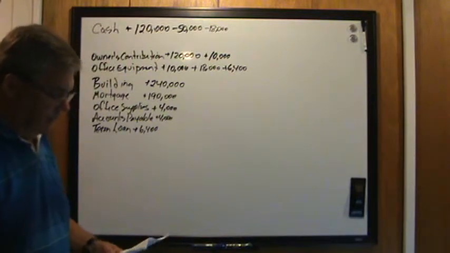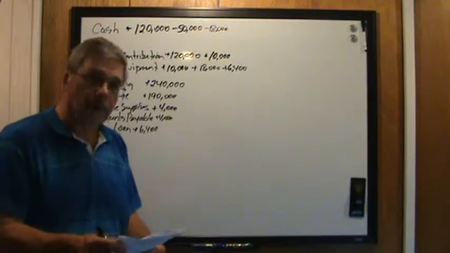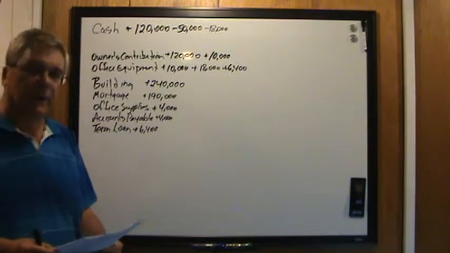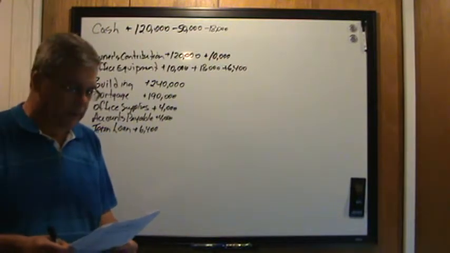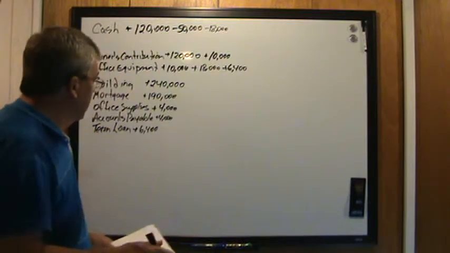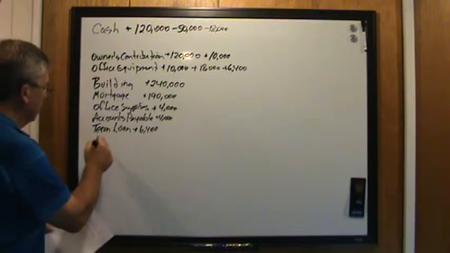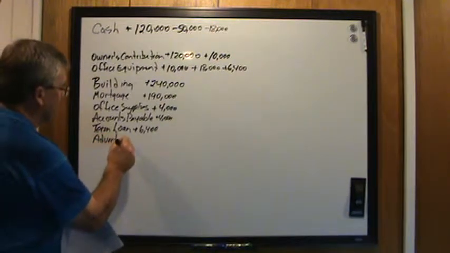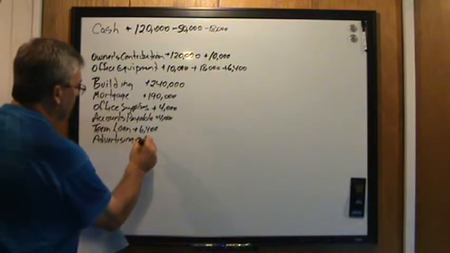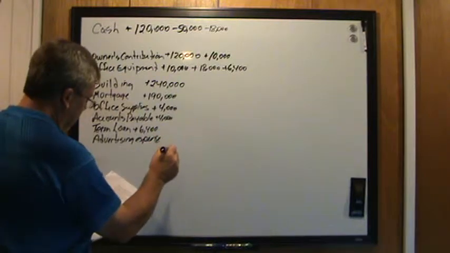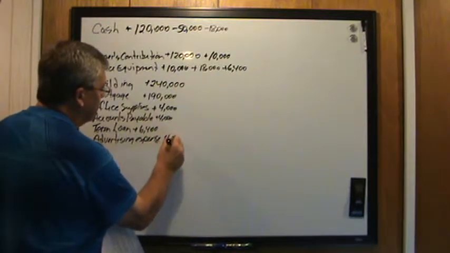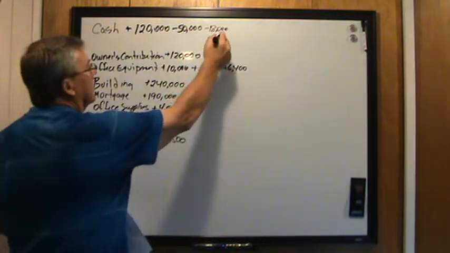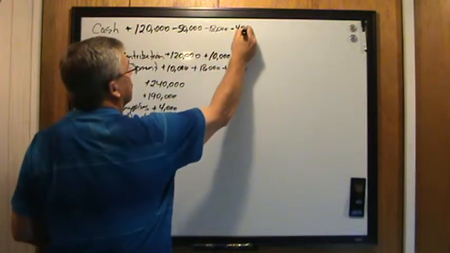Flip the page over here. E: We paid a local newspaper $4,500 in cash for an ad in the newspaper promoting the grand opening of the business. So in this case we have advertising expense of 4,500, and we paid for that, so that's a reduction in cash, 4,500.